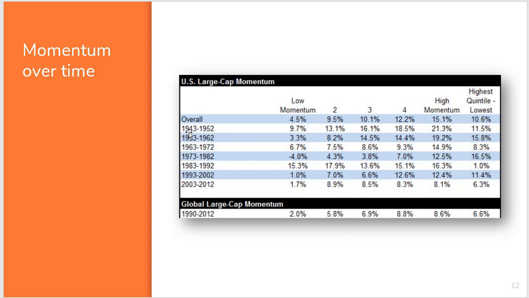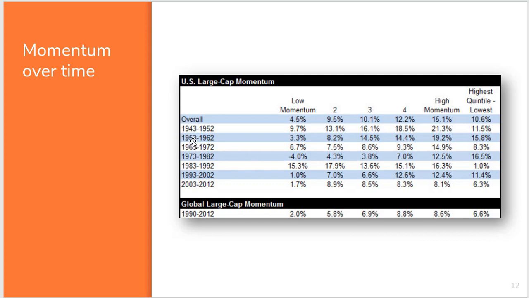So had you from 1943 to 52 picked stocks with low momentum, you would have made 9.7% per year. Had you picked the ones with the highest momentum, you would have made 21.3%. That is an 11.5% difference.